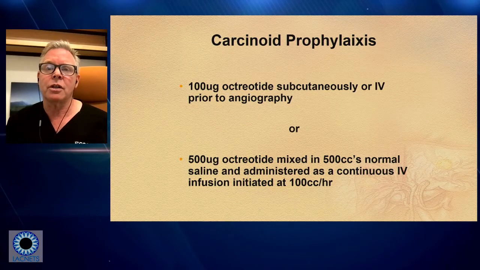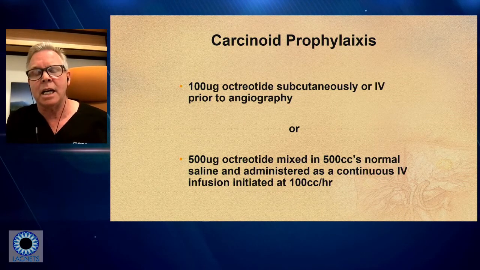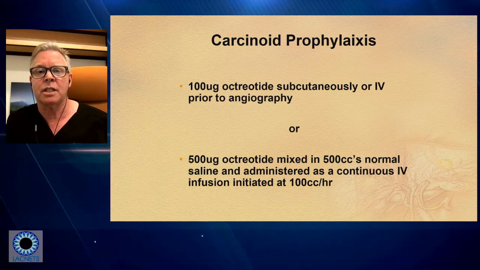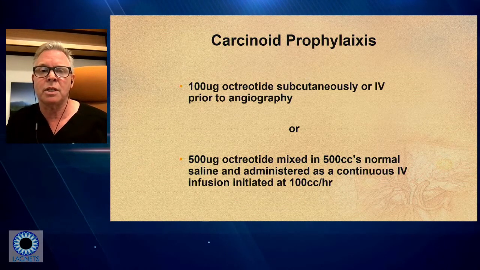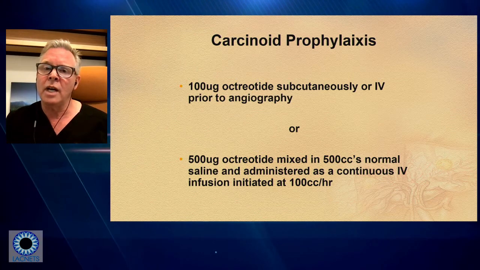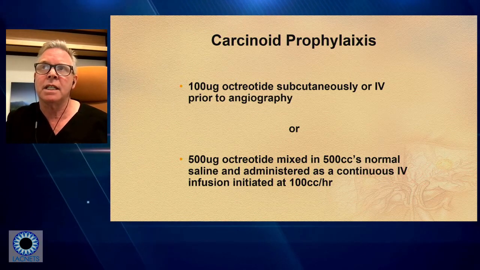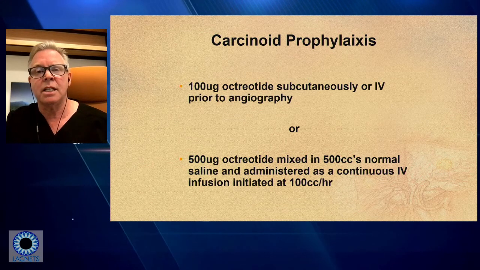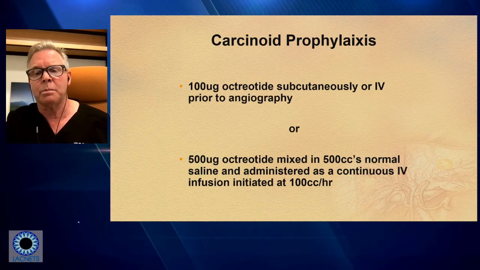It's important for you to talk to your physician, your interventional radiologist, about how they are going to prophylax you against a carcinoid reaction in patients who have functioning tumors. So at our institute, we give octreotide, usually 100 micrograms, subcutaneously or intravenously right before the procedure.